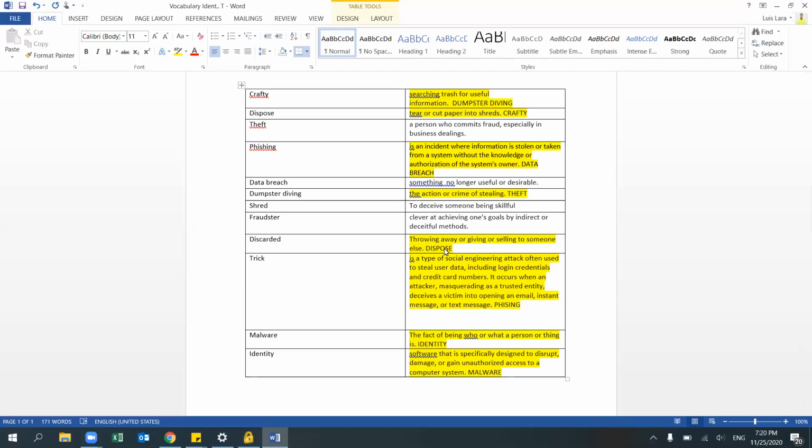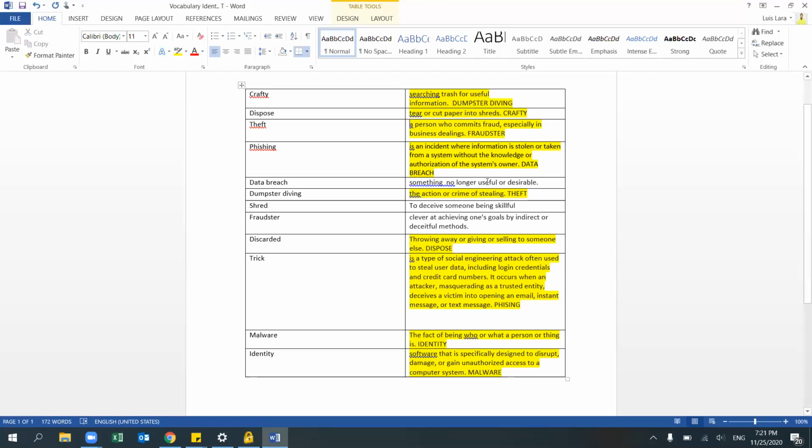Router is number 3, or no? Fraudster, a person who commits fraud, especially in business dealing. Discard is something no longer useful or desirable. Those are 1, 2, 3, 4.